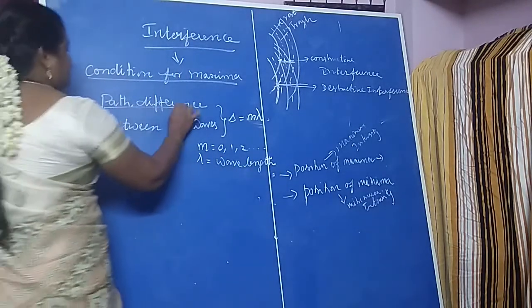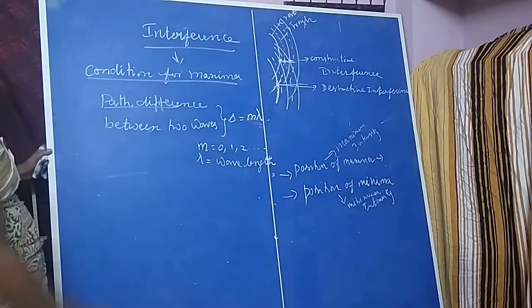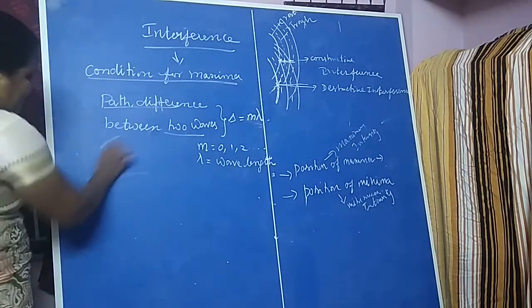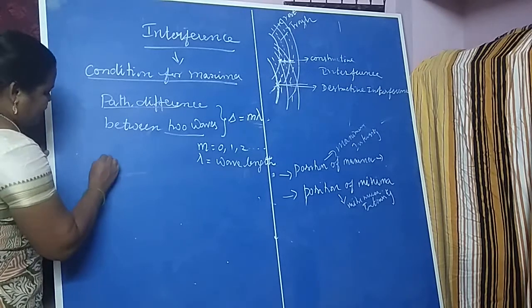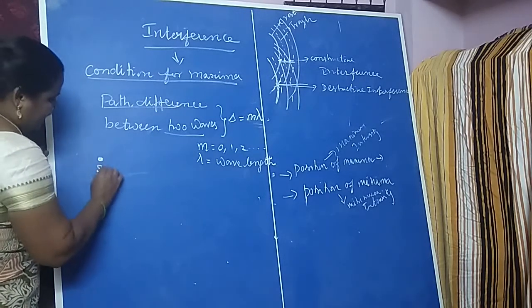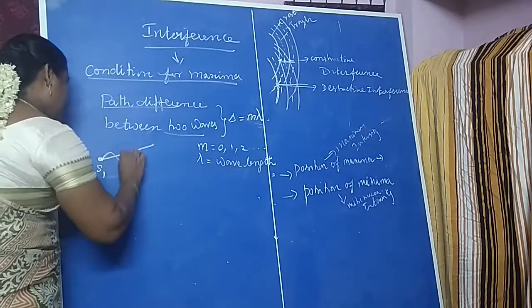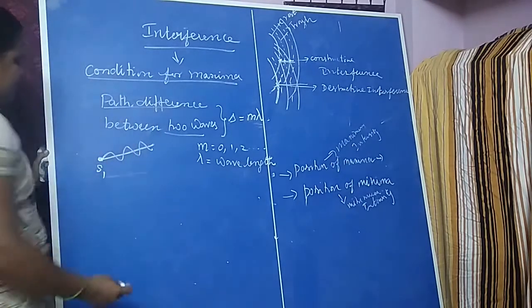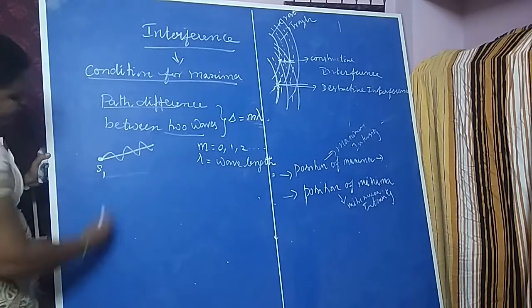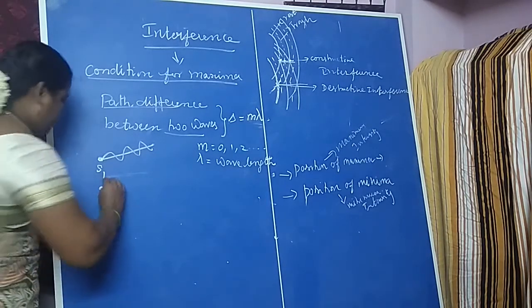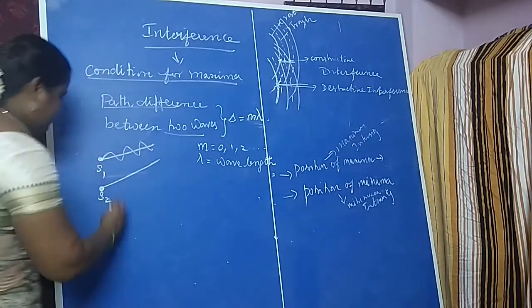The path difference is nothing but the difference between the paths travelled by the two waves. Consider the first wave started from a position S1 and travelled in this direction. Another wave starts from S2, and it also travels in this direction.